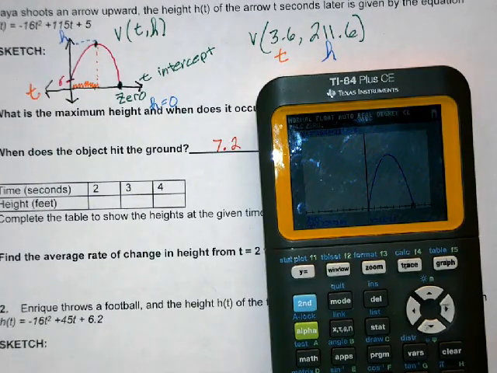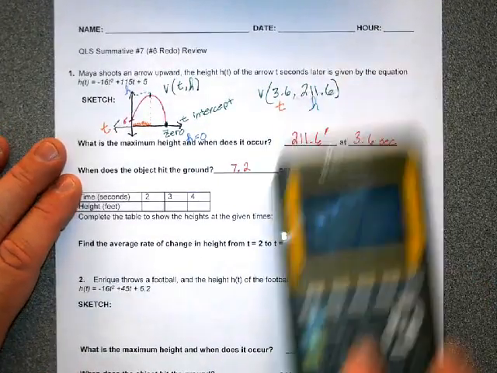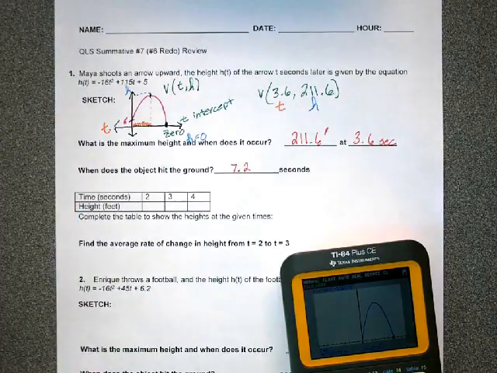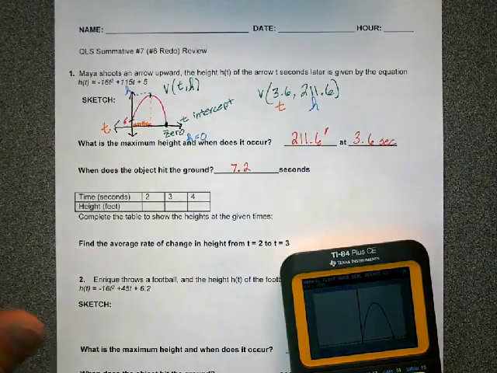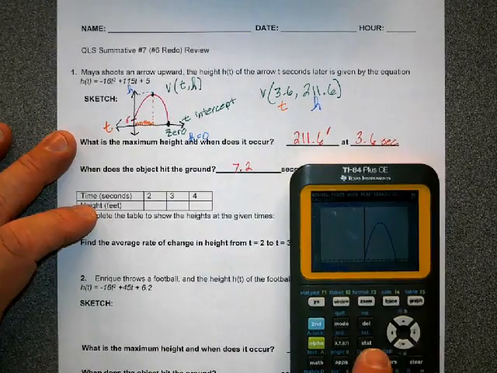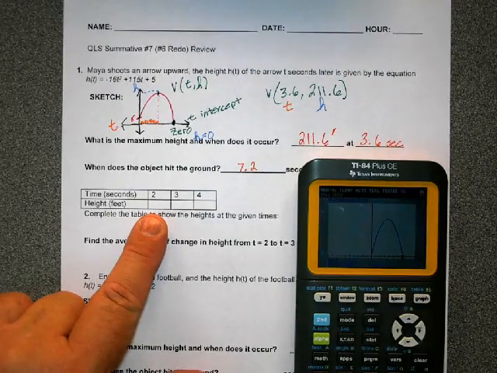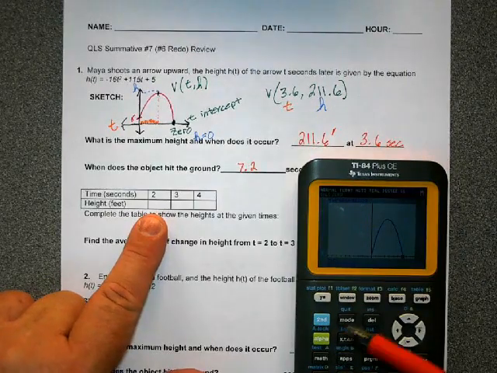All right, so then it wants some other values here. Okay, it wants to know the heights at different times. Well, this is actually pretty easy. This is one of the easier ones. Just go to your chart. Okay, to go to your chart, you hit second graph.